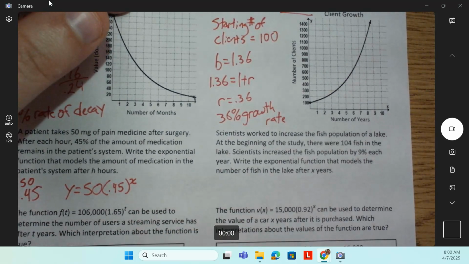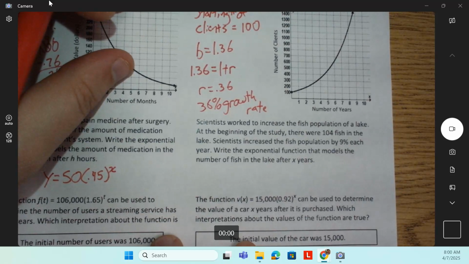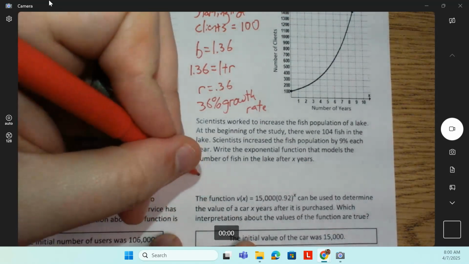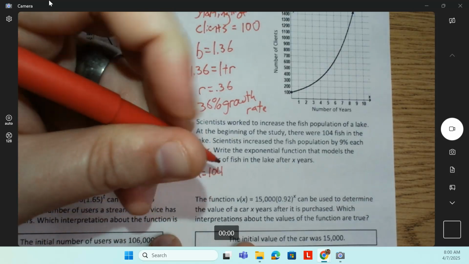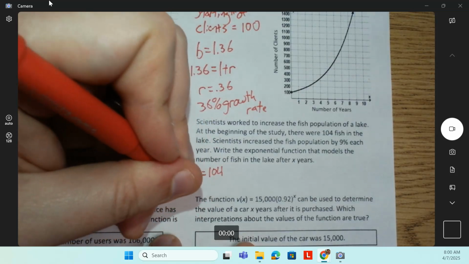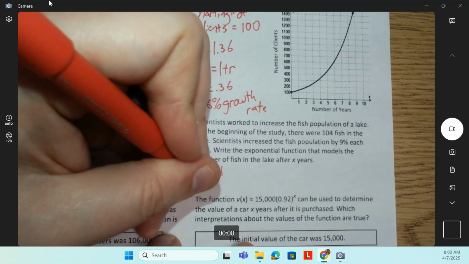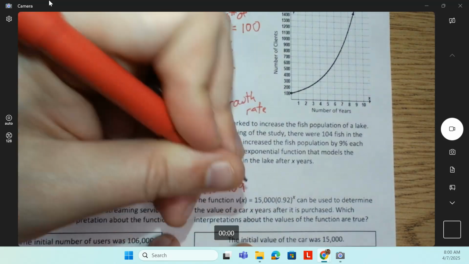Then you've got scientists increasing a fish population. There were 104 at the beginning of the study. They're increasing it by 9% each year. So a equals 104. The rate equals 9%, or 0.09.